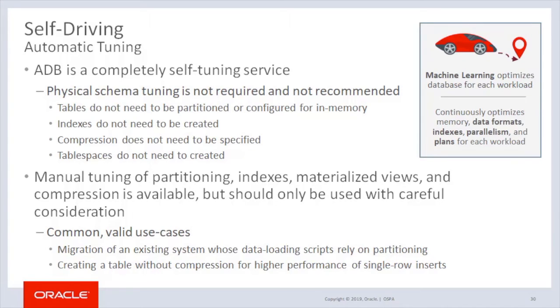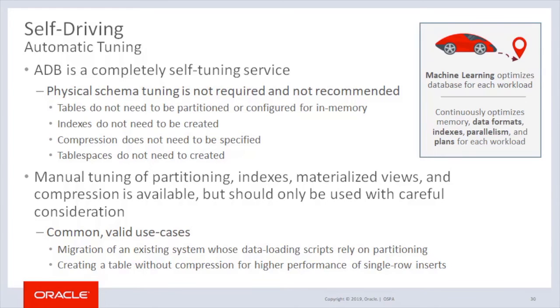Number 4, in-memory tables cannot be used in Autonomous Database. And number 5, tablespaces do not need to be created. Manual tuning of partitioning, indexes, materialized views, and compression is available, but should only be used with careful consideration, such as in cases where migration of an existing system whose data loading scripts rely on partitioning or indexing is used for referential integrity.